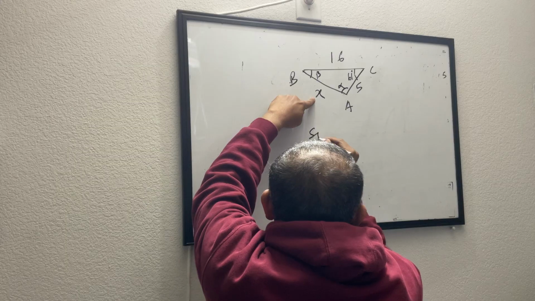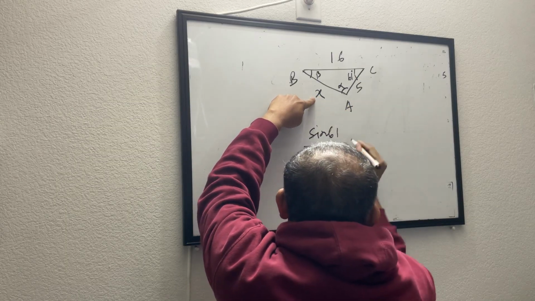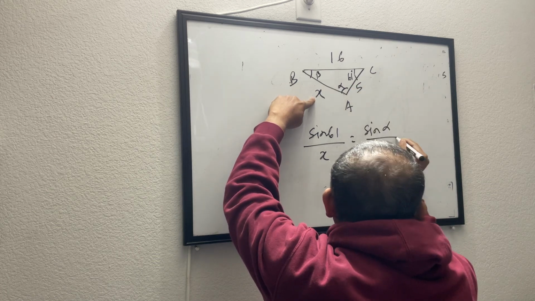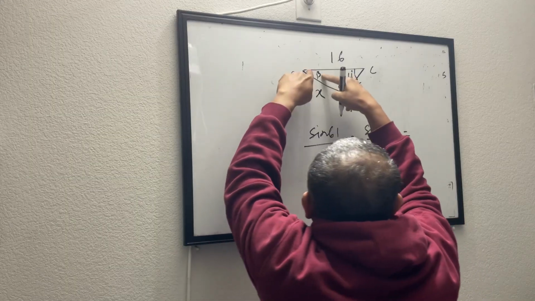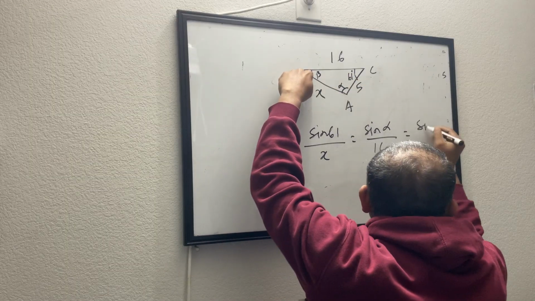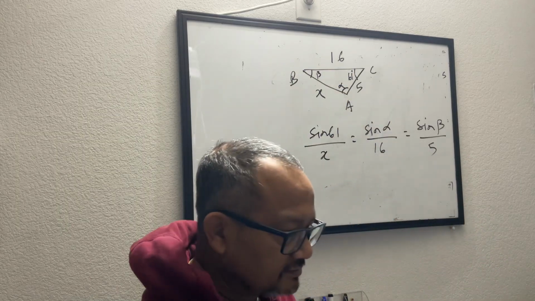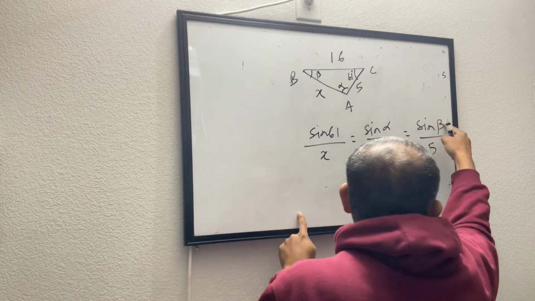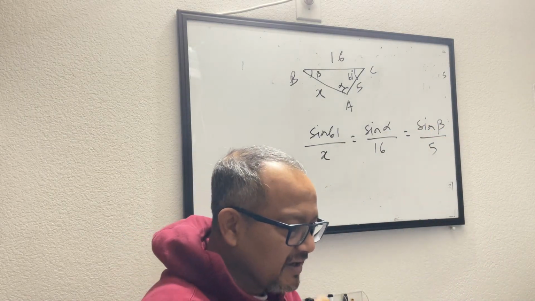So sine of 61 by x will be equal to sine of alpha divided by 16, will be equal to sine of beta divided by 5. Okay? And remember, alpha, beta and x, these are three unknowns.